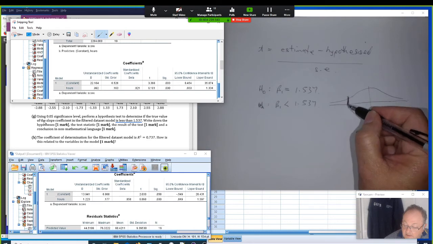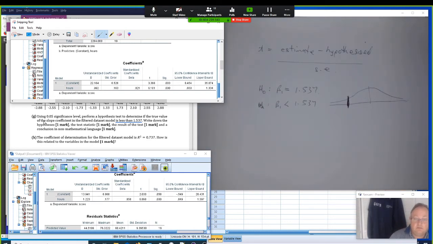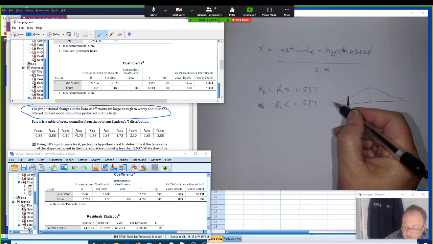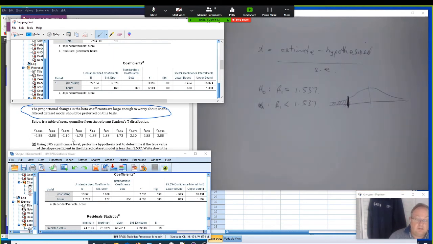And so that's our hint for using the table. So the little table that's there, we've got a significance of 0.05. We're not going to halve it. It's not alpha on 2. It's just alpha because it's one-sided. So the critical value that we're going to be comparing against is the minus 1.73 value.